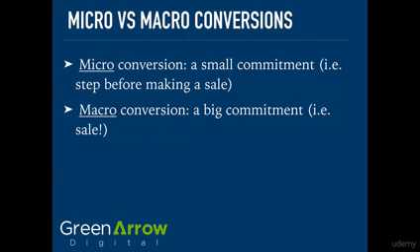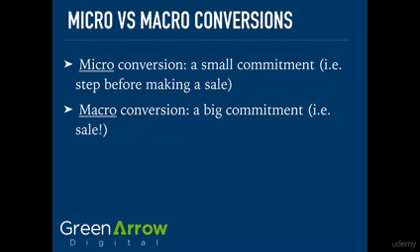And this is in line with the concept of micro versus macro conversions. What do I mean by that? Essentially, a micro conversion is a small commitment. It's a step before actually making a sale or someone picking up the phone and calling you.